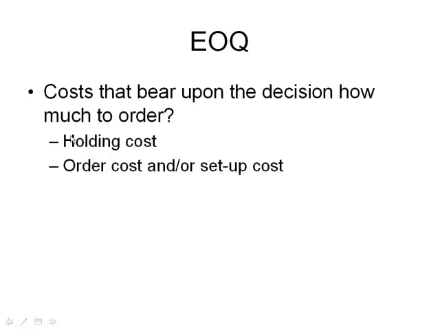Holding cost is the variable portion of my inventory carrying costs and those types of costs. The order cost is the cost of placing an order, so that would be the cost of taking inventory, cutting a purchase order, doing a transaction on the internet, sending a fax, whatever it takes to place an order.